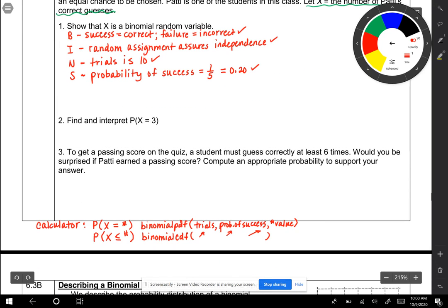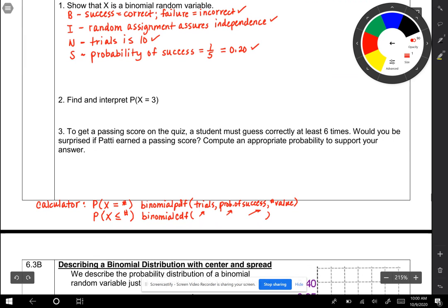Find and interpret the probability that X equals 3. So she gets exactly 3 correct answers, 3 questions correct. This is an exact value, so you can use the binomial PDF. If you were going to use a calculator, I will show you on a calculator just how to get to this.